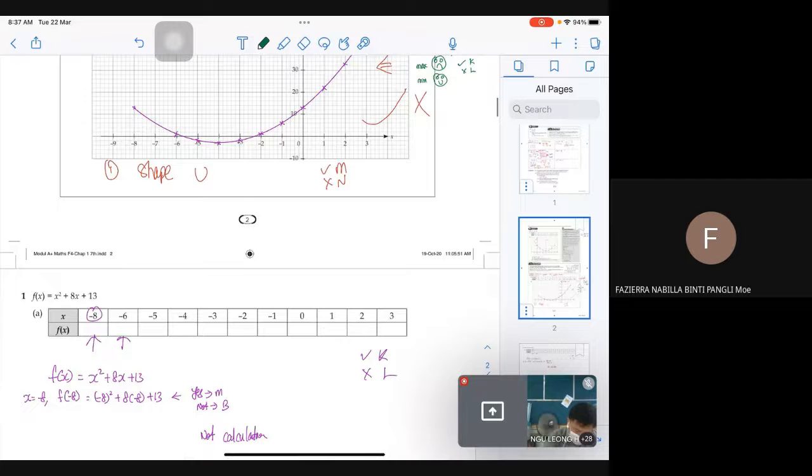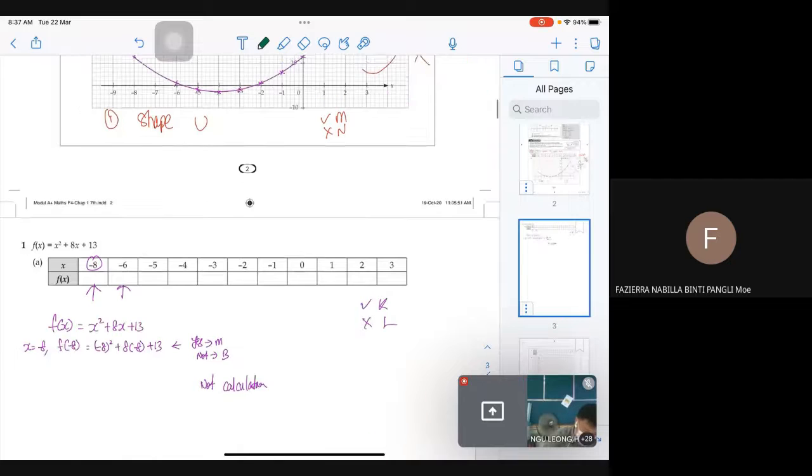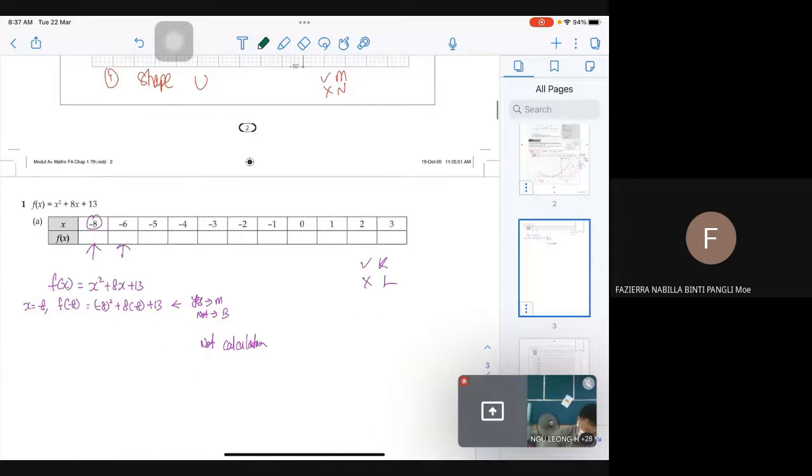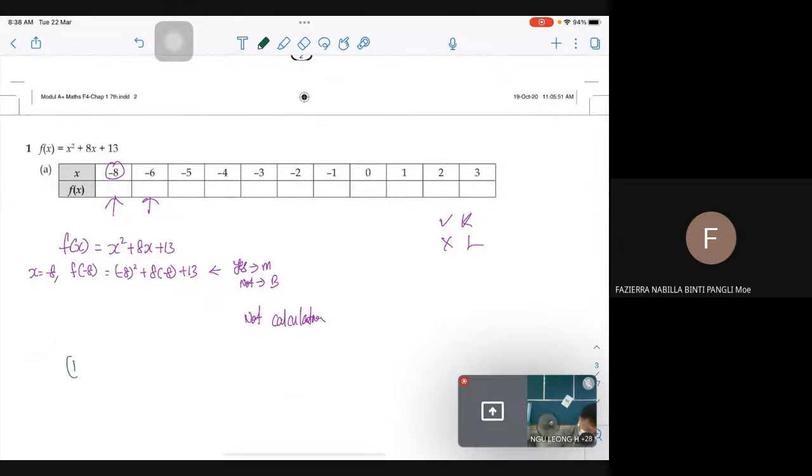actually, this quadratic is very interesting. In a quadratic graph, there are a few things that we need to know. The first one is the shape. The second is the root.